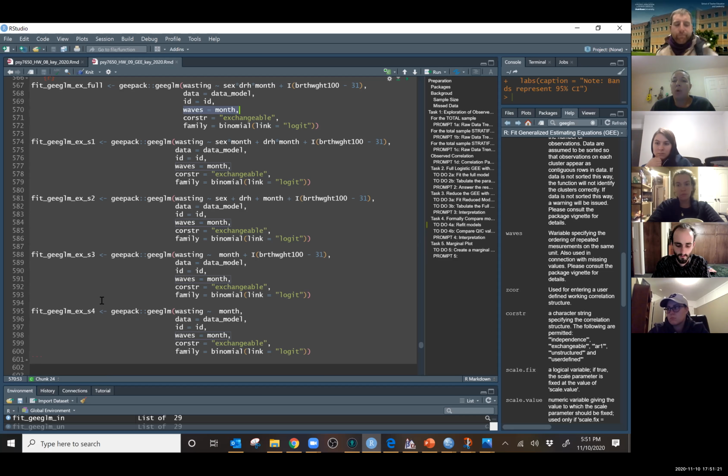There is one camp that says, no, leave well enough alone. By and large, the leave it alone camp says that if you keep fitting more models, you're inflating your type 1 error rate. But by and large, most people are okay with running some reduced models as long as you are transparent about what you did. If I was writing this up for publication or a dissertation, I'd say, here's the 3-way interaction model controlling for birth weight.